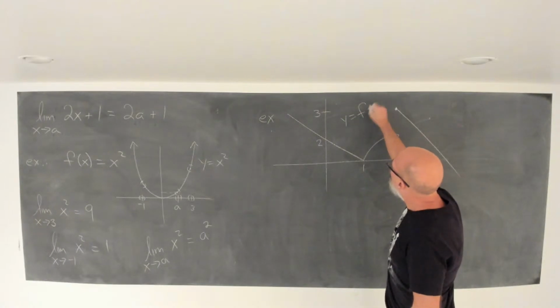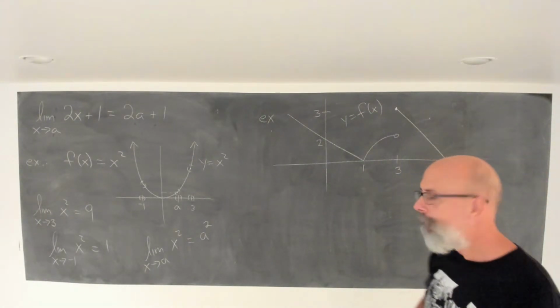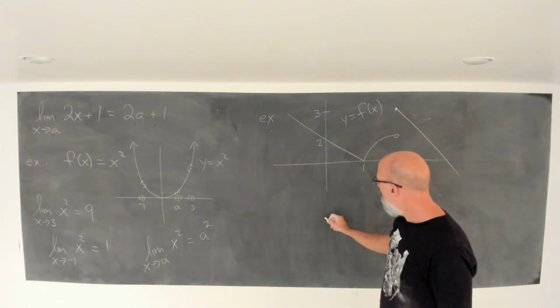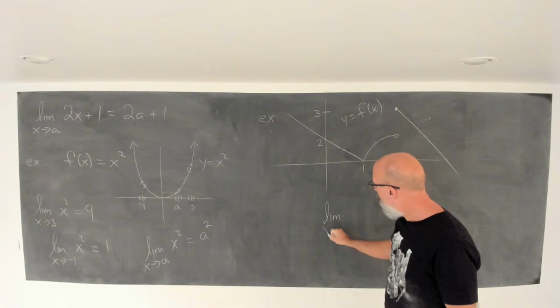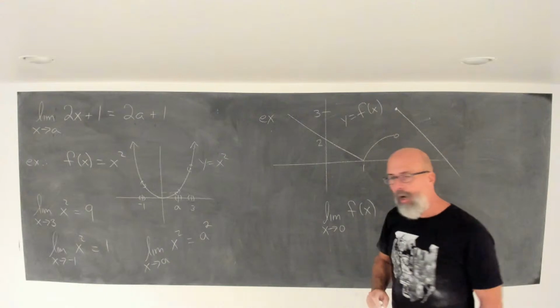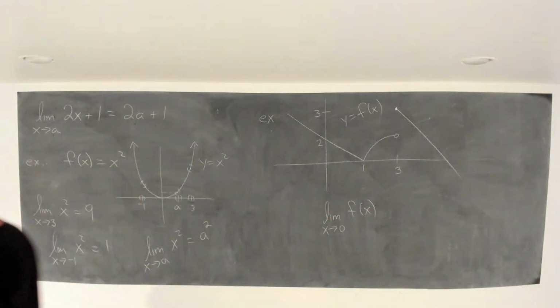Suppose that this is the function f of x. Here's my question to you. What is the behavior of that function as x gets closer and closer to 0?